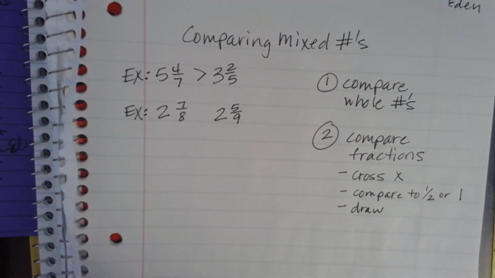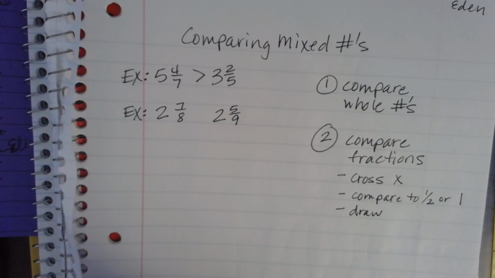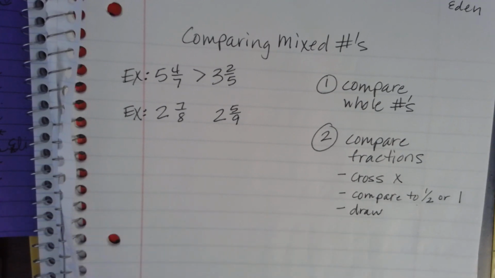And hey, some of you may have to do this, and if you do, it is okay. What is more important, being quick or being accurate? Accurate. Everyone. Accurate. So if you need to draw, there is absolutely no shame in that. You need to do what you need to do to be accurate. So those are your 3 options there if you have to compare fractions.